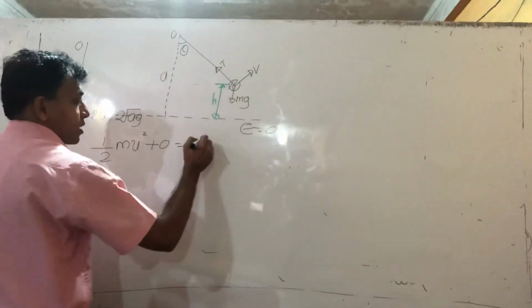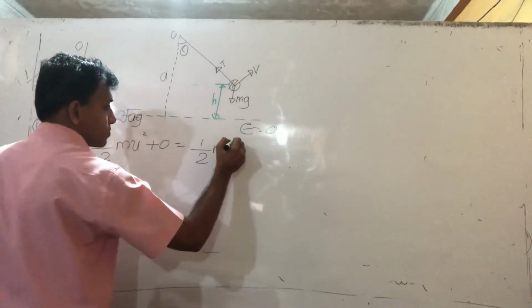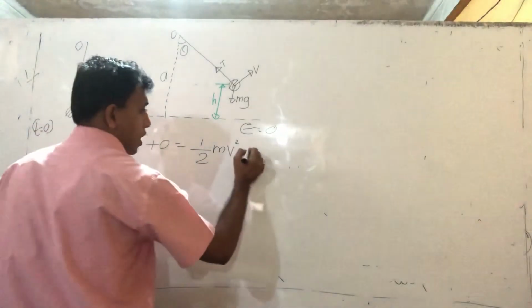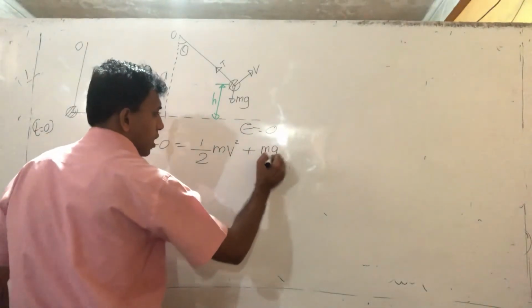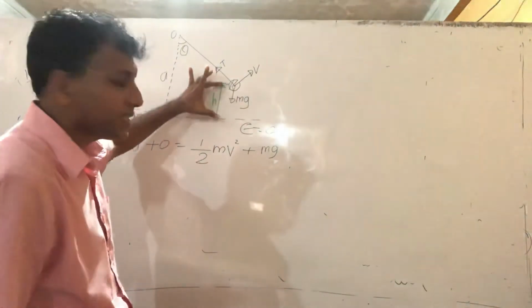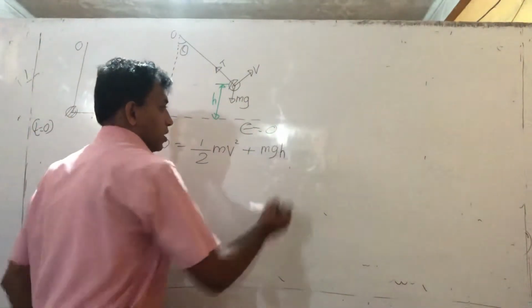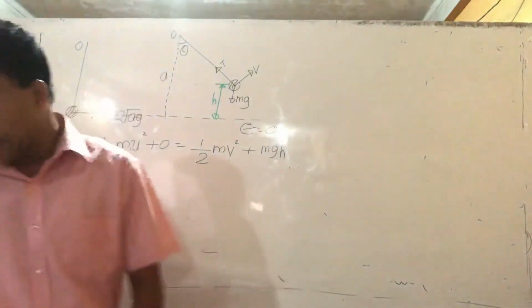And come here: kinetic energy half m v square plus mg, can I use this a minus a cos theta? I take this height, mgh, above the ground.